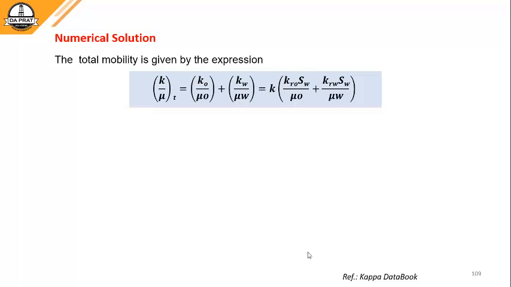Giving a concept here, which is the total mobility, given by the expression shown here, that involves the relative permeability of oil and the relative permeability of water, in the case that we're dealing with an oil bank and a water bank.